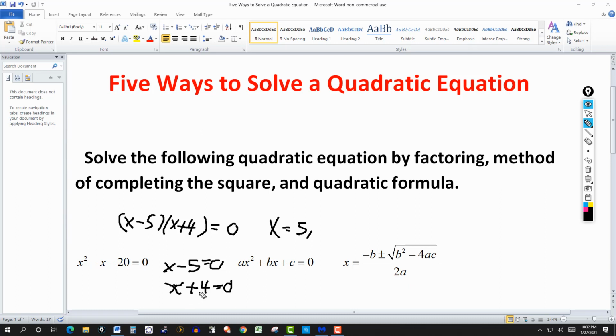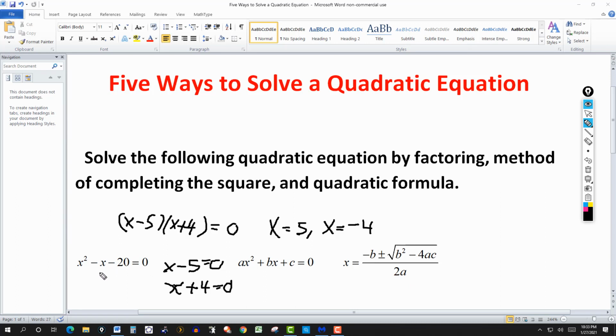So x plus 4 is equal to 0 when x is equal to negative 4. So that's your solution. x equal 5, or x equal negative 4. And you can easily check by plugging back into the original equation.